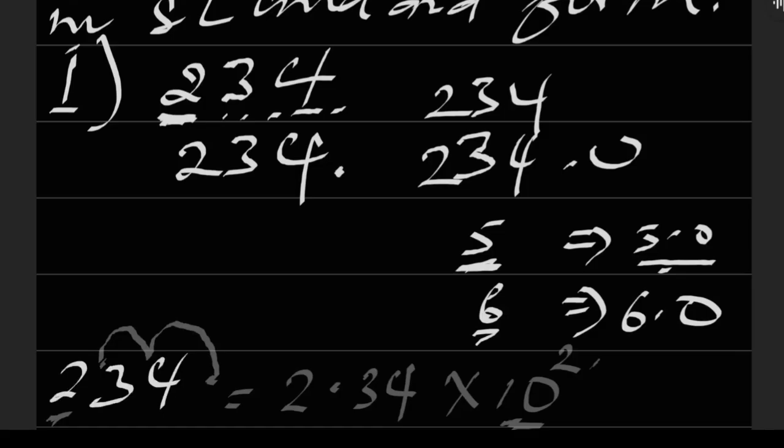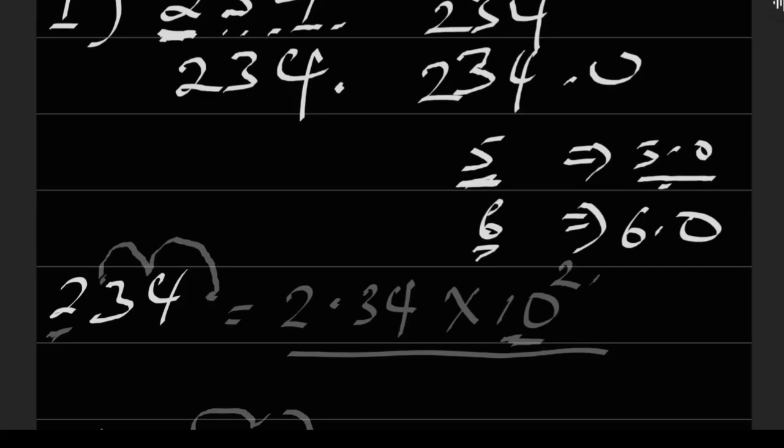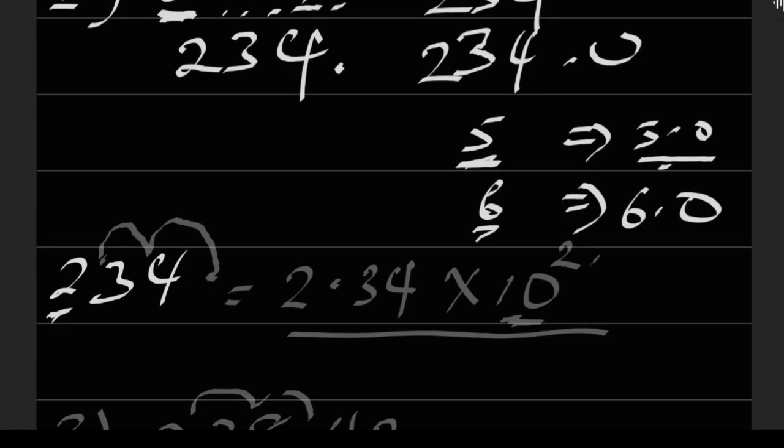Let's move the decimal till the decimal reaches before the first significant figure. So since the decimal is at the end, it will move 1, 2. It will move 2 times. So now it will be 2.34, because the decimal has moved to this very place. 2.34 times 10 raised to the power of 2.